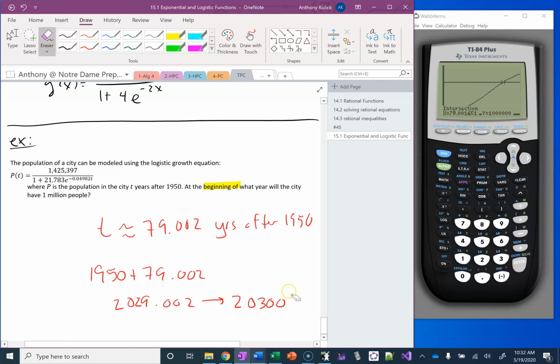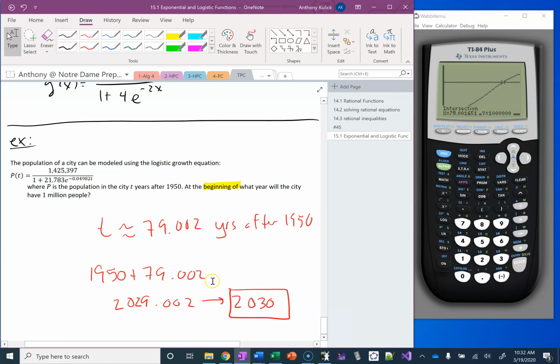So that's not going to be until 2030, the next year, where the population exceeds 1 million, right? The population gets to 1 million right after the start of 2029. So the first year, or the beginning of what year, the population exceeds 1 million doesn't happen until 2030, and we just miss it by a hair.